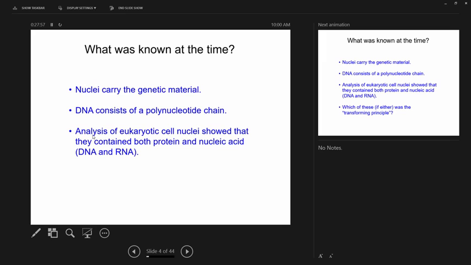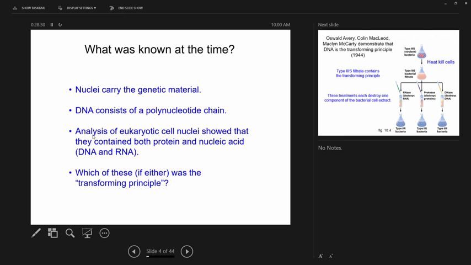Analysis of nuclei from eukaryotic cells showed that they contain both protein and nucleic acid, and in fact the ratio is about 50-50. So if you take chromosomes from a eukaryotic cell, they are composed of about half protein and half DNA, nucleic acid. In chapter 11, we'll see exactly what that is when we talk about the packing of DNA into chromosomes.